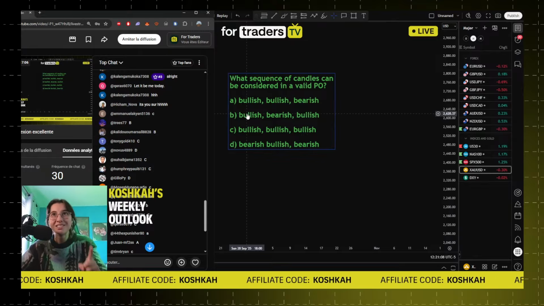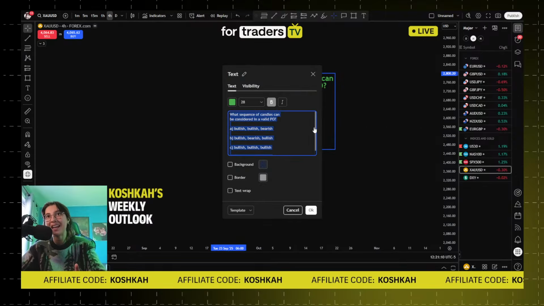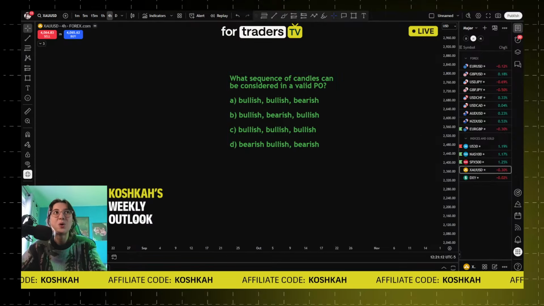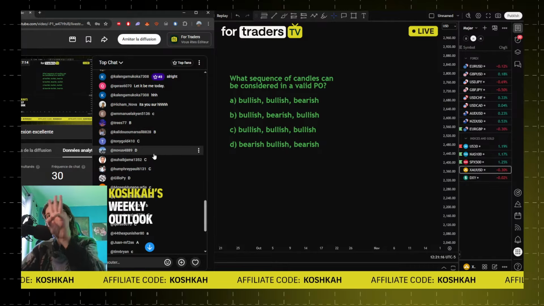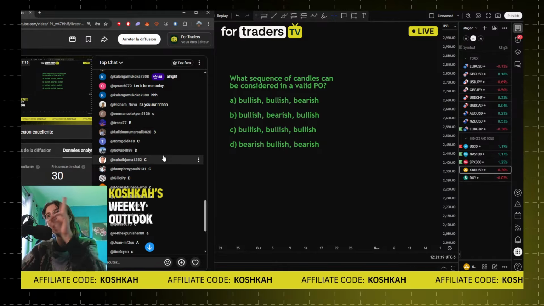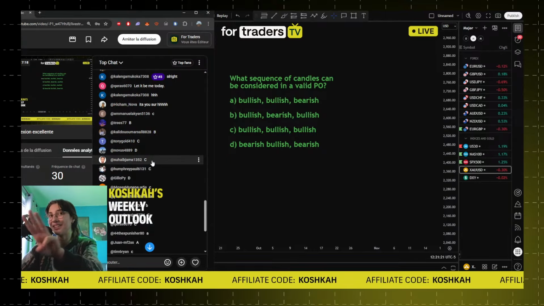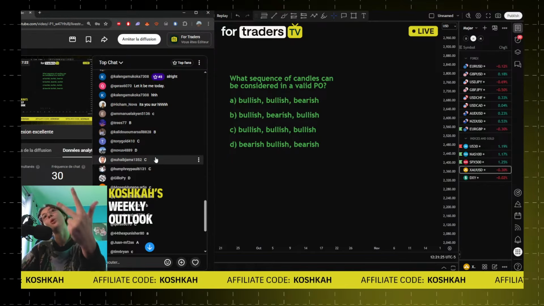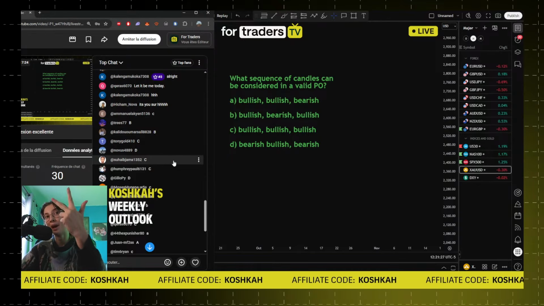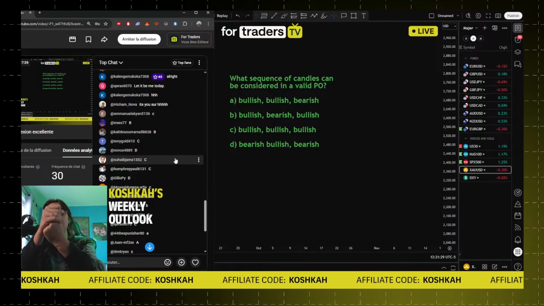The winner is C. The right answer is C. So we can have 3 consecutive same color candles in our POIs. It needs to be consecutive and same color. If we have a bullish, bearish, the third one invalidates the sequence.